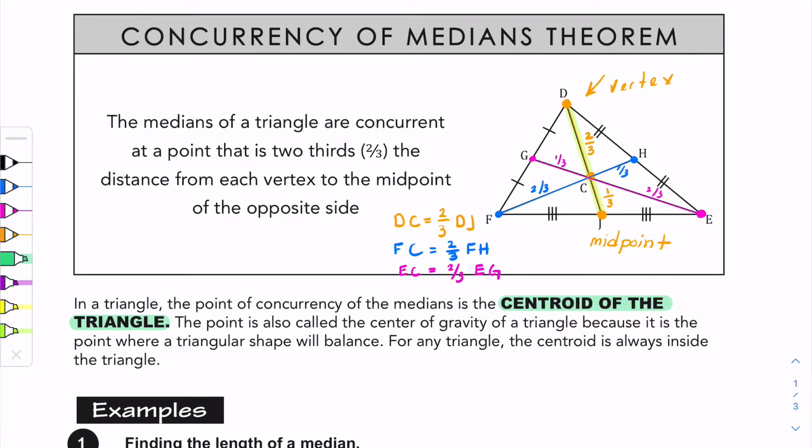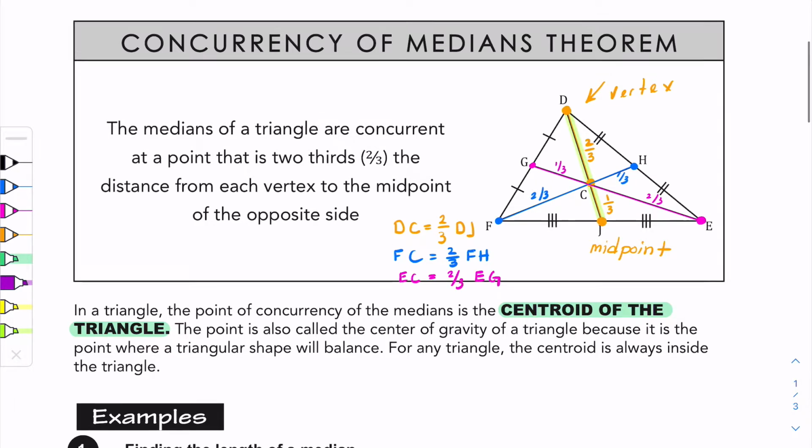So imagine if you could cut a triangle out on a piece of paper and you could balance it perfectly on your pencil. There's only one point on the triangle where you could balance it because of the weight of all the sides. So wherever that one point is for balancing, that is called the centroid. And it's actually always going to be the point determined from all of your medians intersecting.